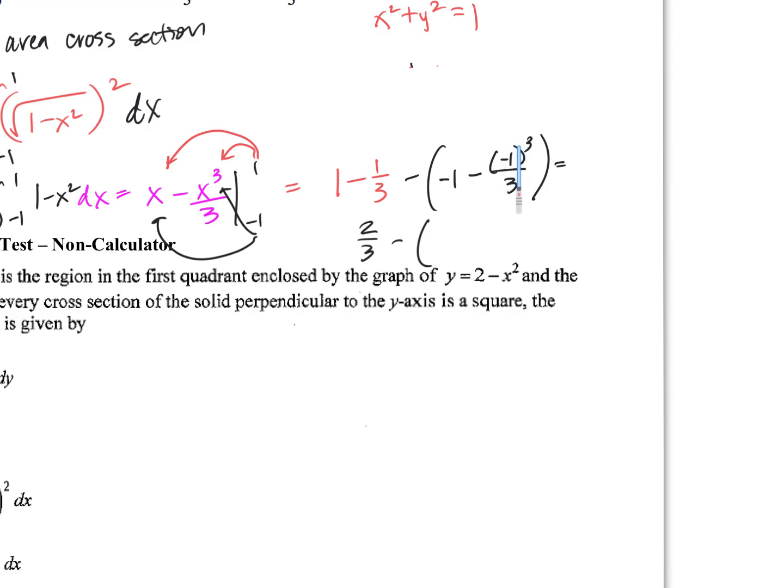This right here would be a -1/3. So minus that negative would get me plus a third. 2/3 minus -3/3 plus 1/3 would be another -2/3. Does anyone agree with 4/3 as a final answer?